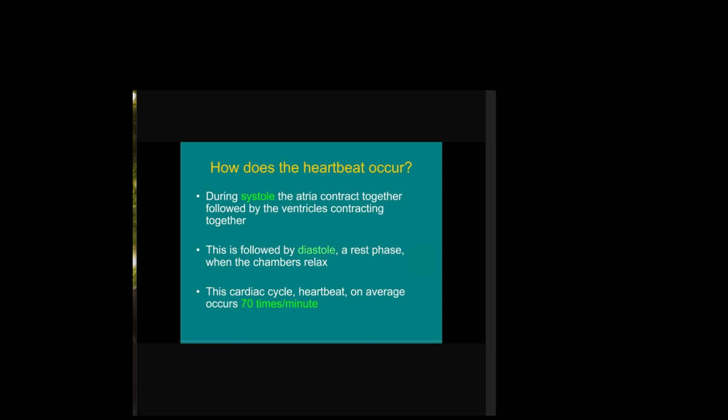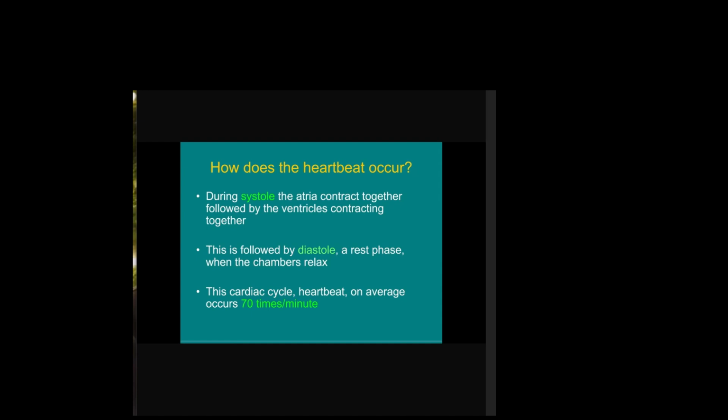Now, in terms of heartbeats, when the heart contracts, they call that the systolic phase. When it is contracting, the ventricles squeeze the blood to move out.